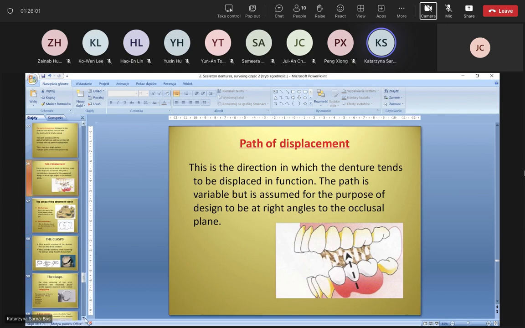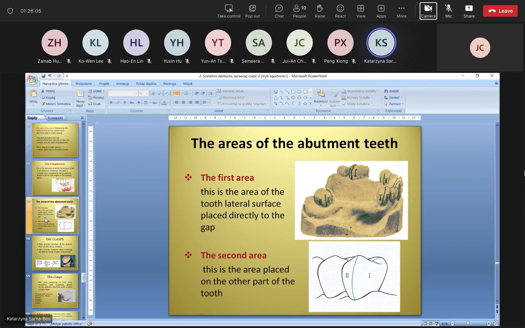Okay, and the last part of the lecture, the clasp types. But before we start talking about the clasp types, I should explain to you what the areas of the abutment teeth mean. We've got the first area of the abutment teeth. This is the area of the tooth lateral surface placed directly to the gap.